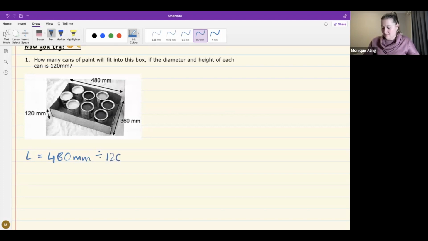And then my width, I've calculated 360 meters divided by 100 meters. It is equals to 3,6 meters. And then my height of the box, I've counted 120 meters divided by 100 meters, and it's equals to 1,2 meters. I don't know whether I'm correct or I'm wrong.